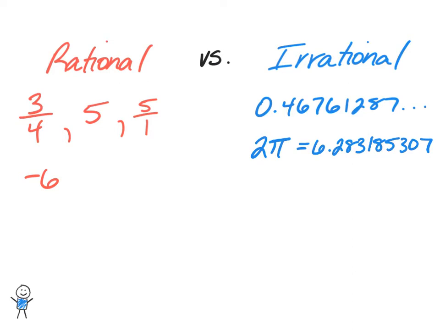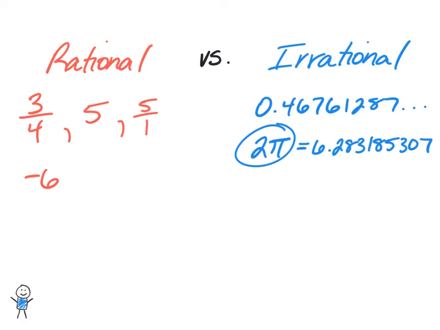So don't get caught up in just looking at it and say, oh, well, 2 pi looks like a nice clean number, it's rational. Use your calculator or whatever device you have, convert it to decimal form, and in my mind, this is a really easy situation to recognize as an irrational number.